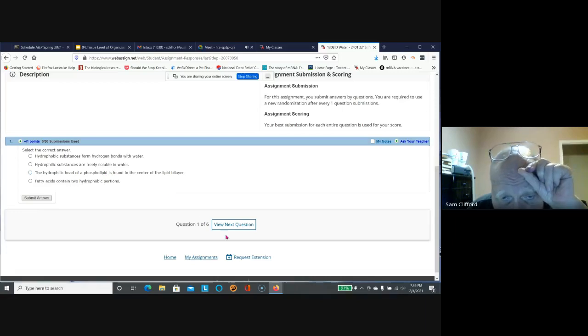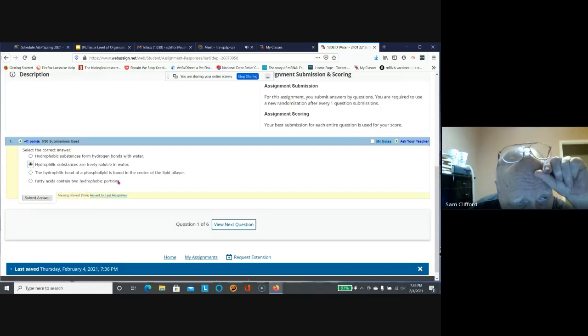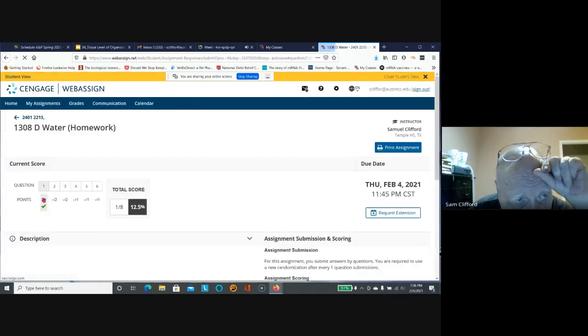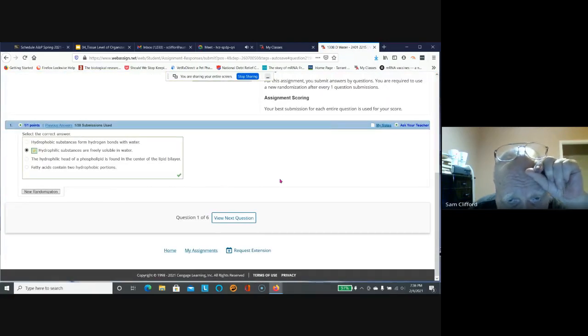So hydrophobic substances form hydrogen bonds. No, they don't. Hydrophilic, yes, that's true. The hydrophilic head of a phospholipid is found in the center of the lipid bilayer. No, that's false. Fatty acids contain two hydrophobic portions. That's incorrect. Let's see if I guessed wrong. Okay, that's correct. So we'll go to the next question.